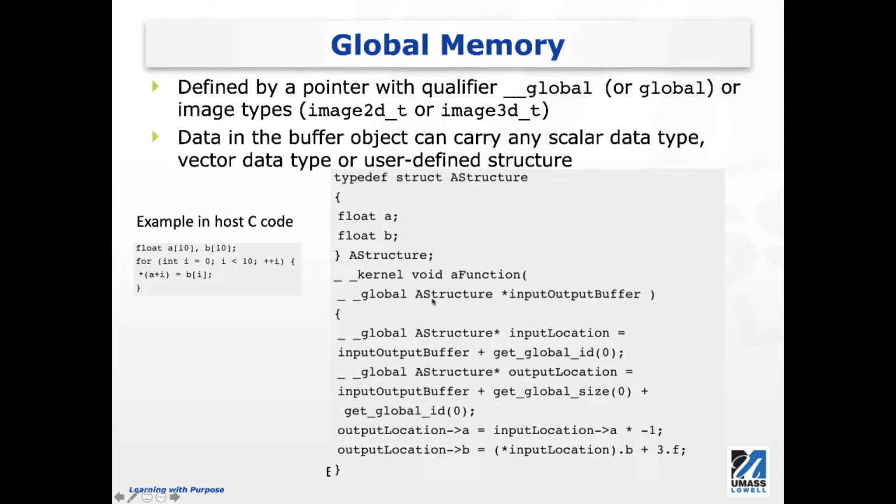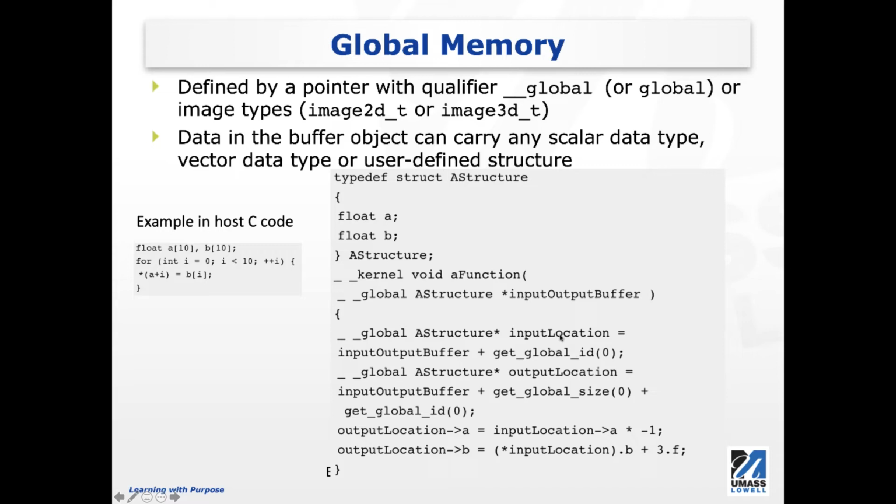Note that we use this A structure to define the data structure type of this buffer object. And within the kernel function, we use this customized data structure, A structure, to interpret the pointers used to point to the memory objects in the global memory.